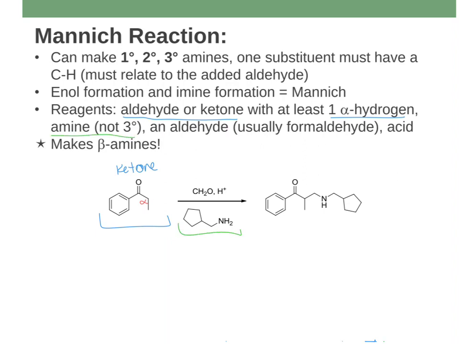So I've got an amine. In this case, I have a primary amine. It could have been secondary, or it could have been ammonia. And you need an aldehyde. Usually it's formaldehyde. And remember, form means one. It comes from the ants, like formic acid. So I have CH2O, which if I drew this out would be a carbonyl with 2 H's on it.